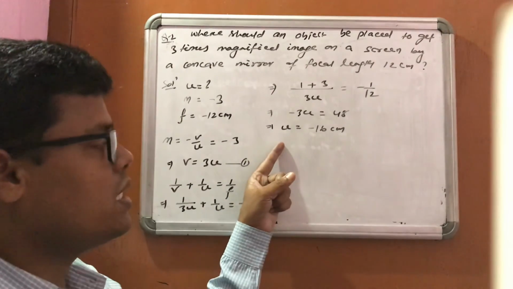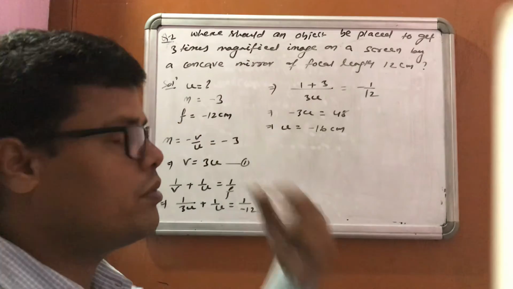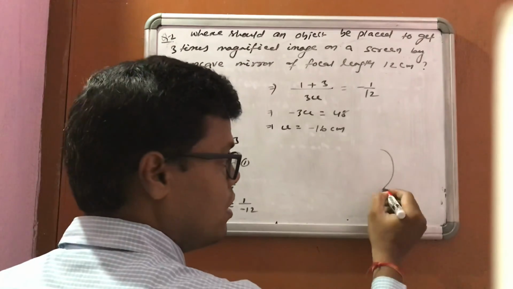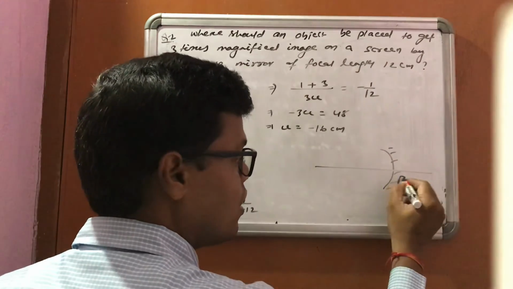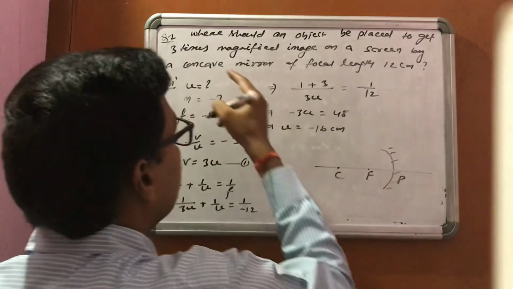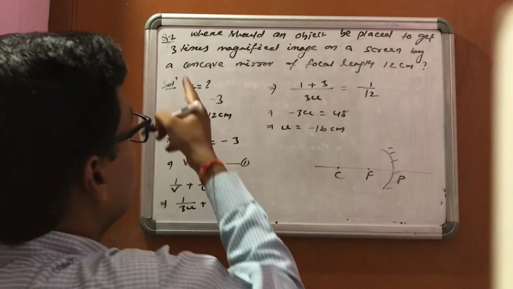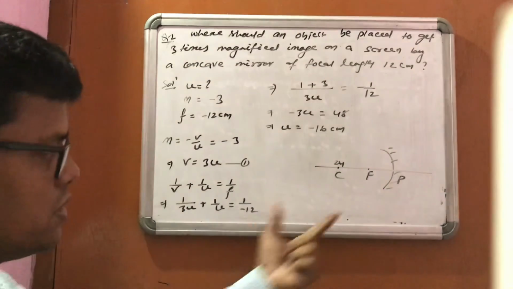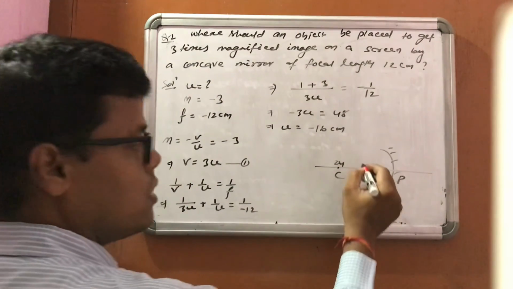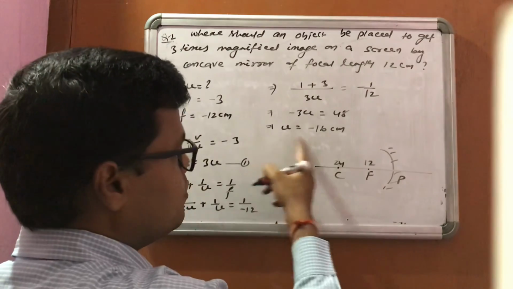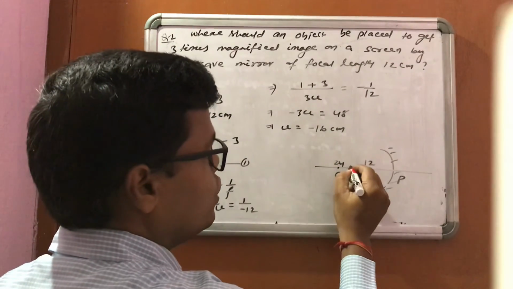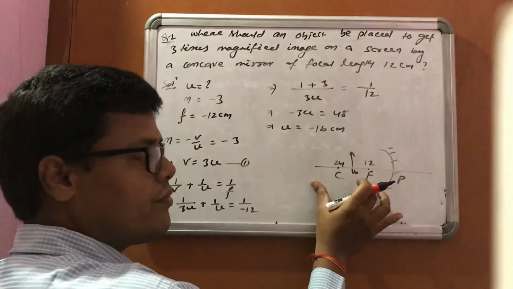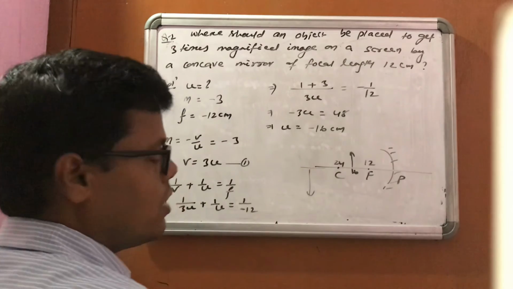So the object should be placed at a distance of 16 centimeter in front of the concave mirror. Let us verify it. This is a concave mirror. What is its radius of curvature? Focal length 12 means the center of curvature is at 24. Where is the object placed according to the answer? 16. Look, when the object is at 16, it is placed in between C and F. So the image must be magnified, real and inverted.